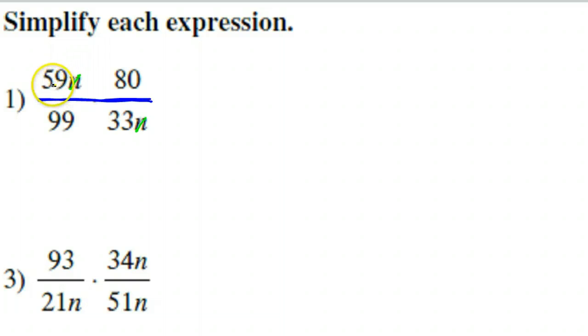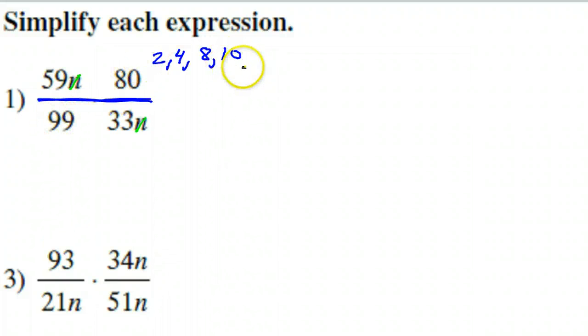However, 59 is a prime number, so nothing's going to divide into 59 other than 1 and 59. So let's see, what divides into 80? Other than 1 and 80, it's divisible by 2, 4, 8, and 10. At a glance you can see that 80 is divisible by all of these things.